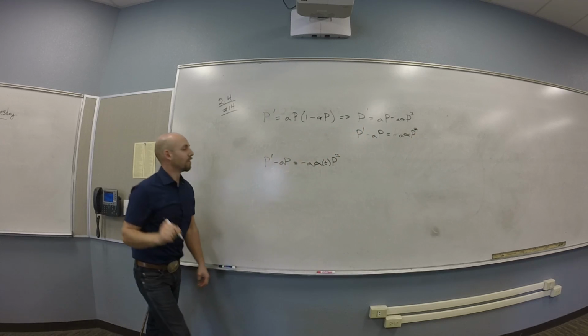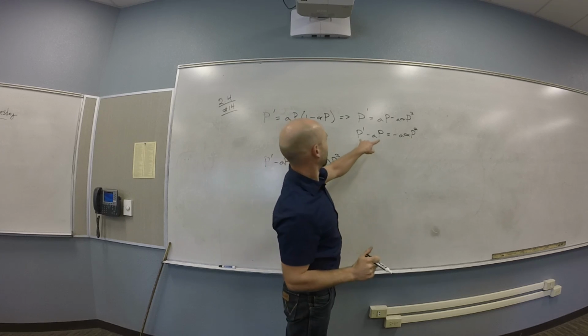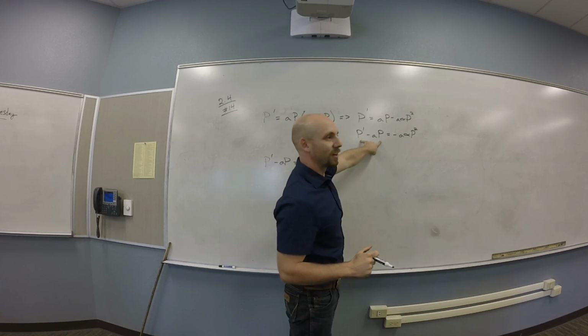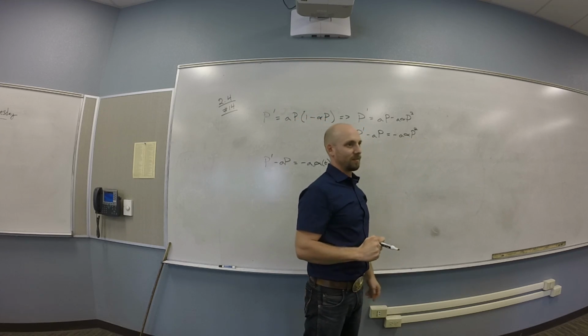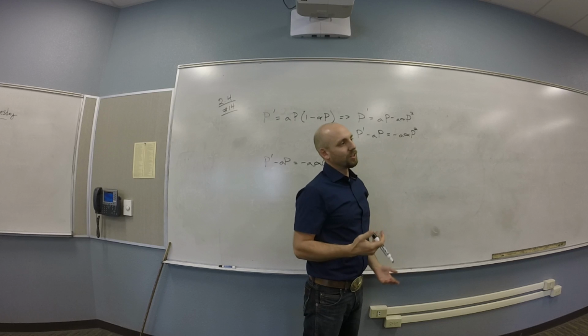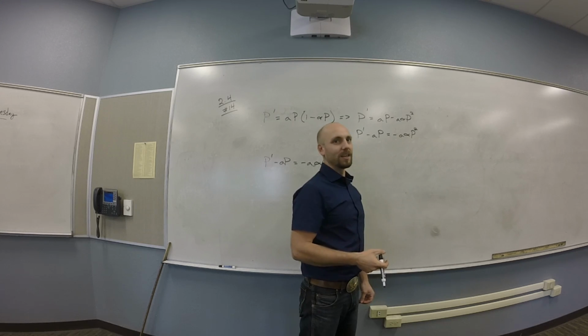Now, if A and alpha are numbers, then that guy's a linear kind of thing, and this guy is a number times a P squared. Okay, so this is Bernoulli.